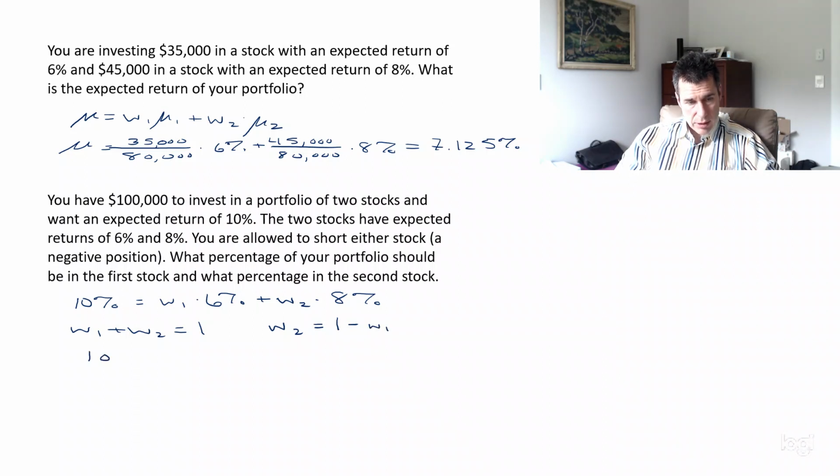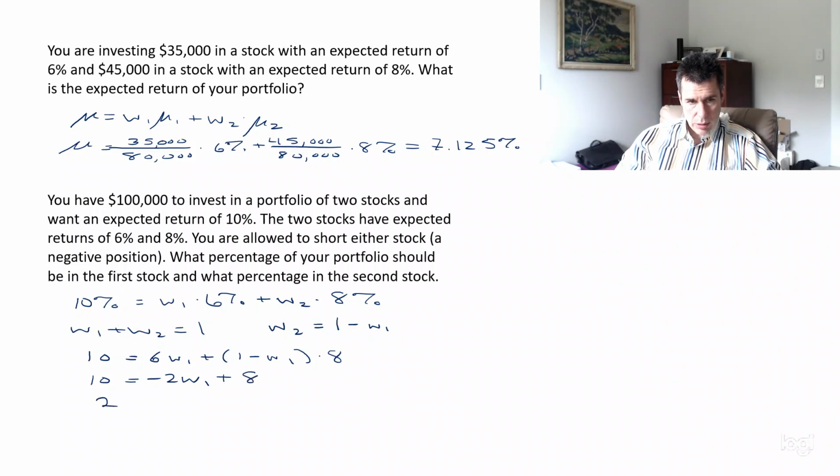So I'm not going to bother writing my percent sign, so we get 10 equals 6W1 plus 1 minus W1 times 8, which is 10 equals, we've got a 6 minus 8, so negative 2W1 plus 8.